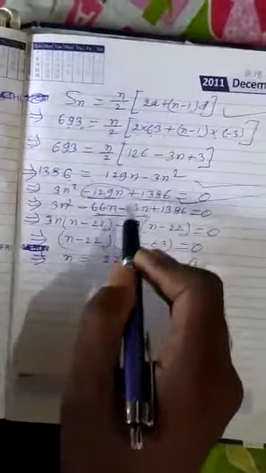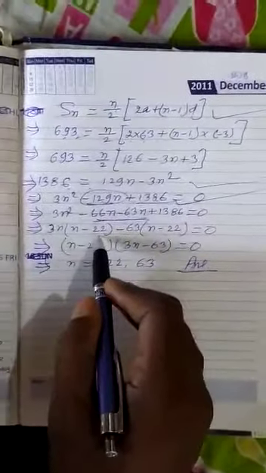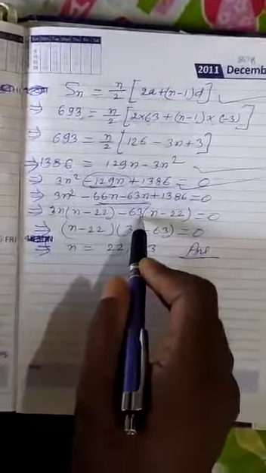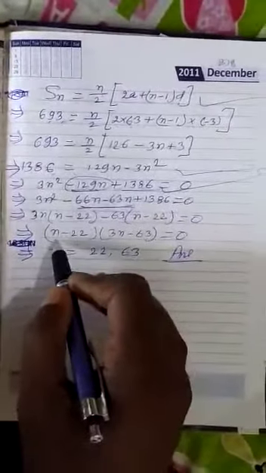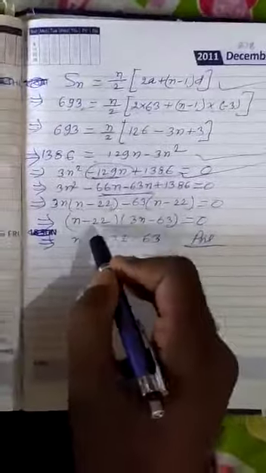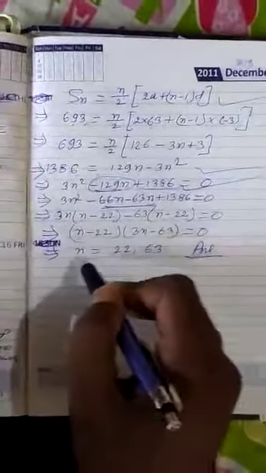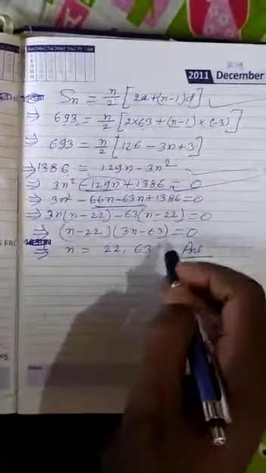Therefore, taking 3n common, n minus 22 and minus 63, n minus 22 common: (n minus 22)(3n minus 63), so n is equal to 22 or 63.